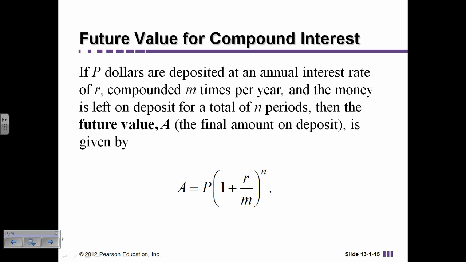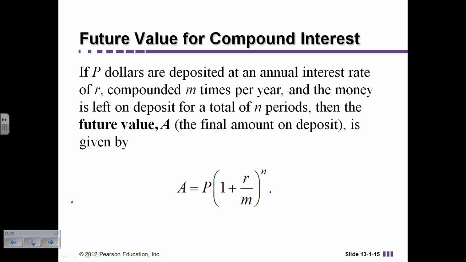Okay, so let's talk about it again. A is the future value, how much I'm going to end up paying back on the loan, including interest. P is the principal. R is the interest rate. M is the number of compounds per year. And N is the total number of periods.